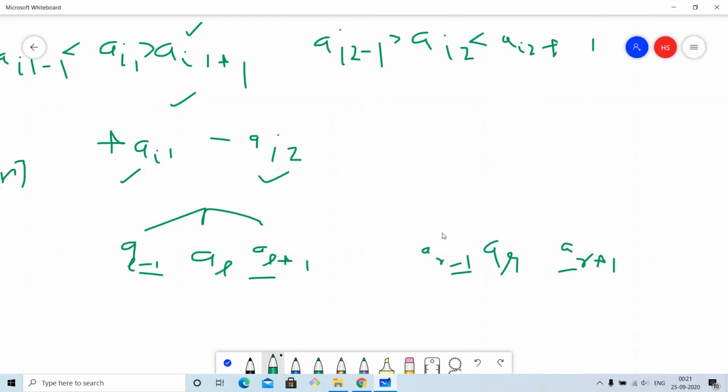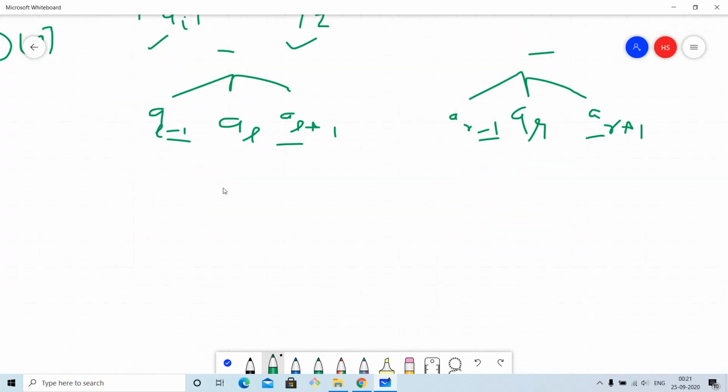Similarly, we will also subtract the contribution of AR minus 1, AR, and AR plus 1. After that we will swap the elements, corresponding to AL we will put AR, and corresponding to AR we will put AL, and then we'll again add the contribution of all the three elements to our answer, and then we'll update the answer.